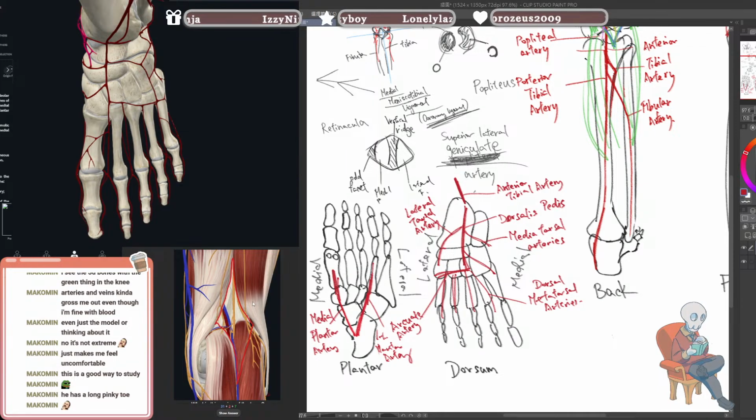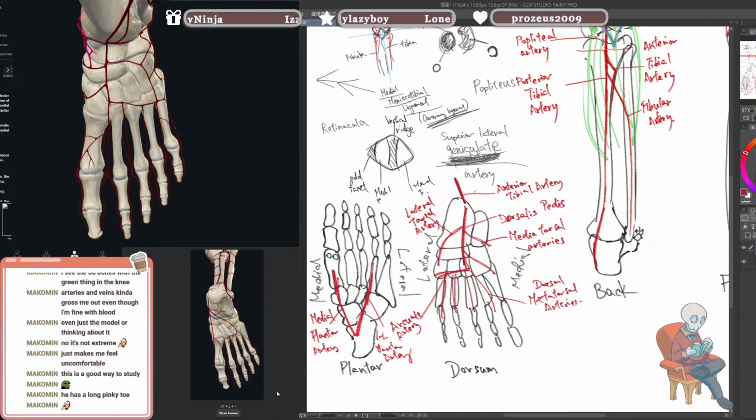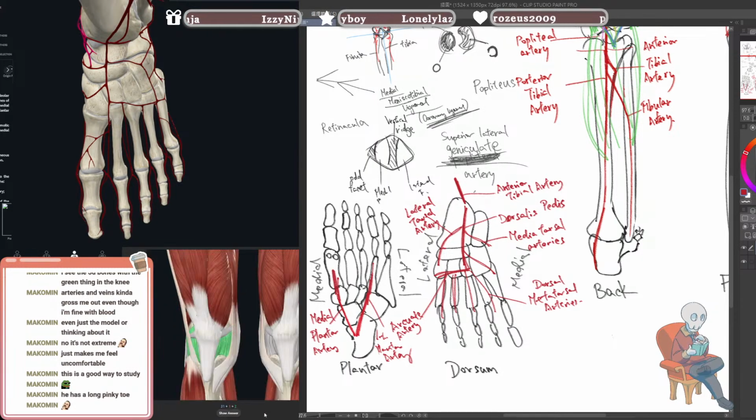Oh, again, this is the gluteal fossa. You see? This is the lateral. Oh no, medial plantar artery. Yep.